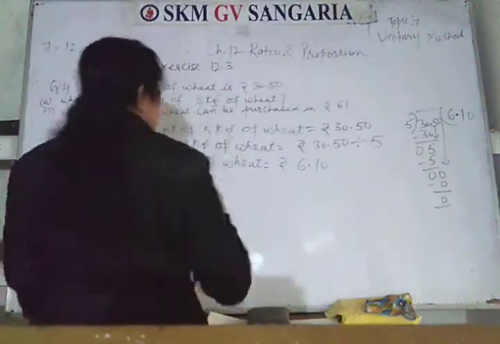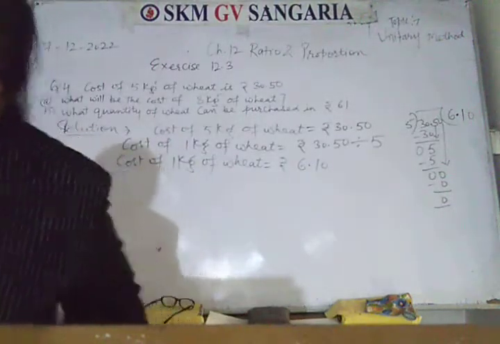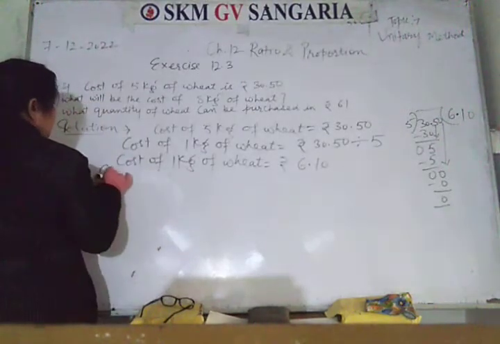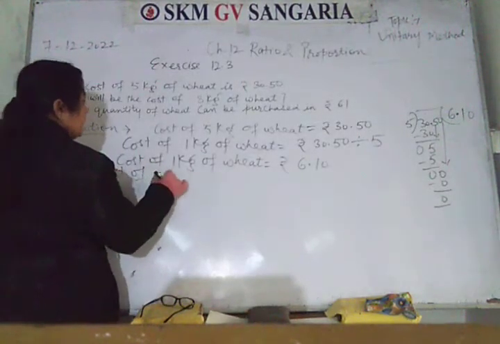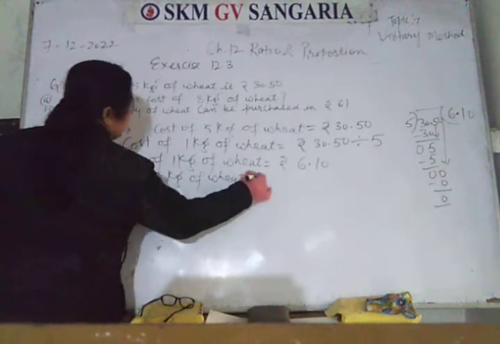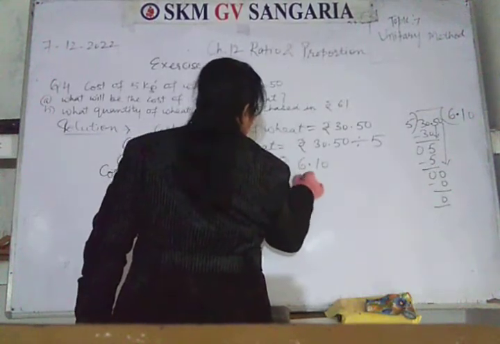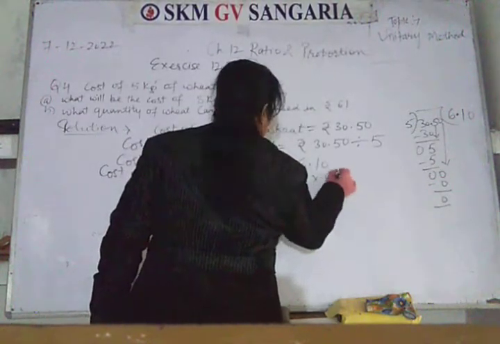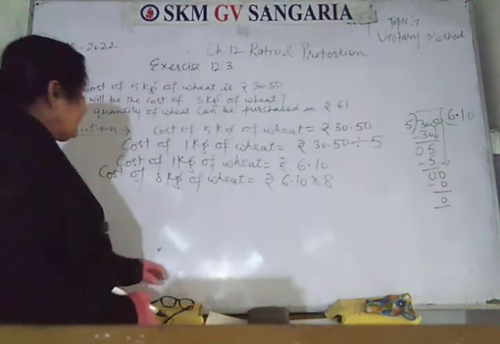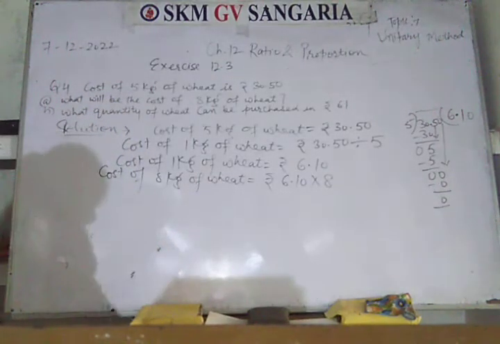If we have the cost of 1 kg, then we can find the cost of 8 kg of wheat. So the cost of 8 kg of wheat is equal to rupees 6 paise 10 multiplied by 8. Multiply rupees 6 paise 10 by 8.